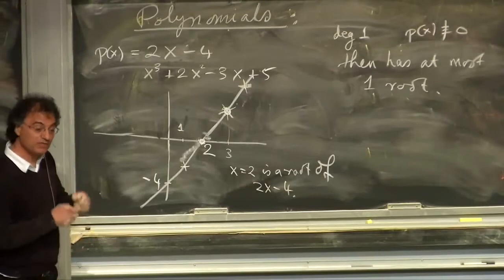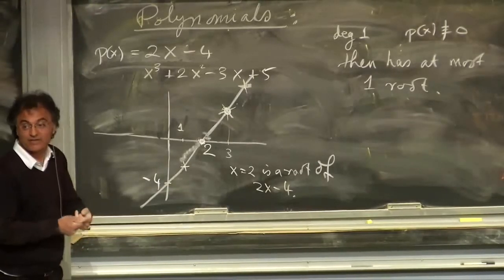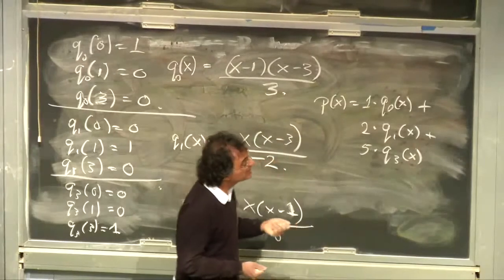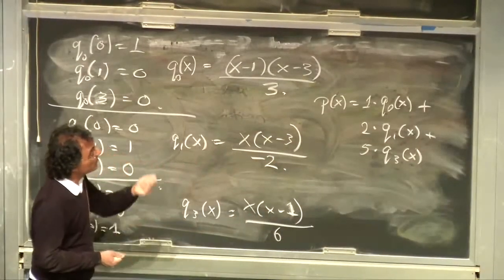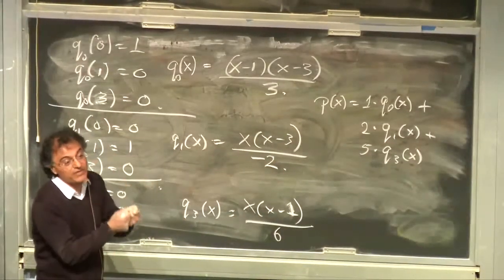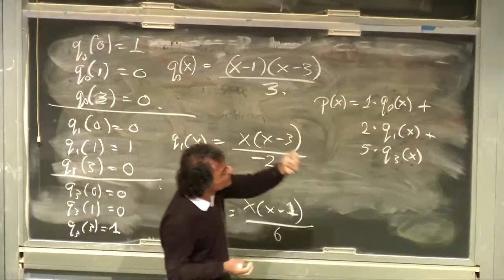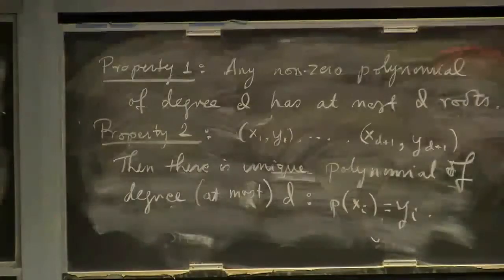Because each of those was a polynomial of degree d, and we added them up, we'd get a polynomial of degree d. And then, on the point x1, only one of them would contribute. All the others would contribute 0. And what would it contribute? It would contribute 1 times y1. Right? So that's how it would work. Okay?